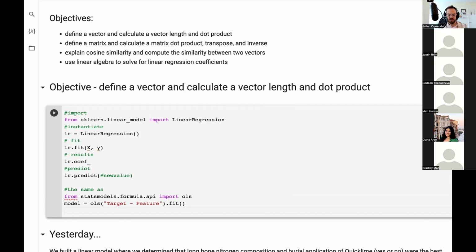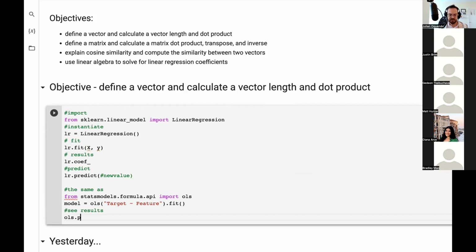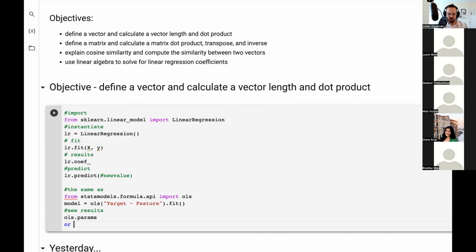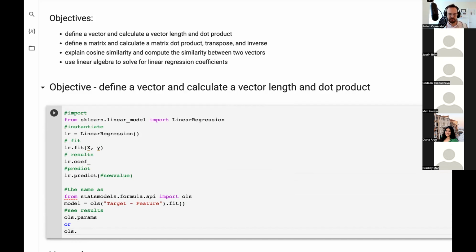So in OLS, you're essentially interpreting the results of your model, where with OLS it's either params, which is what we've done over the last few days, or OLS summary.